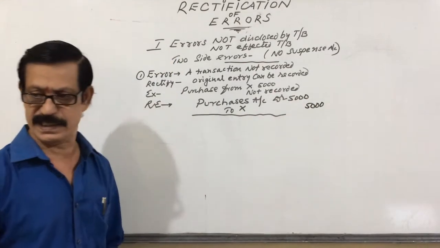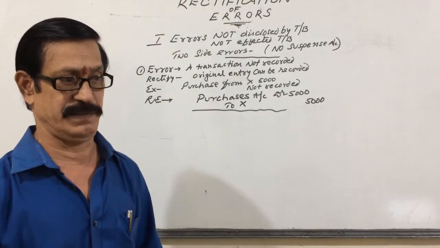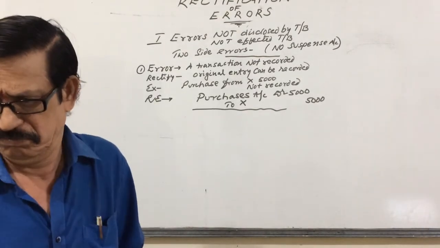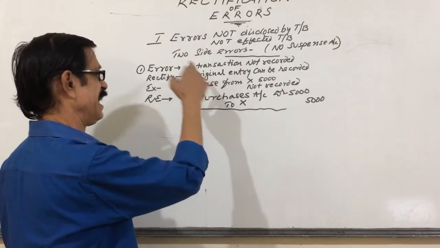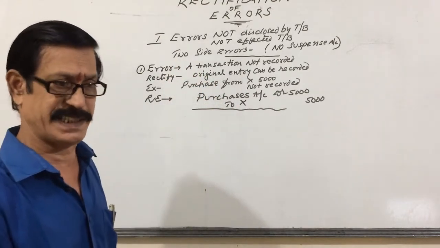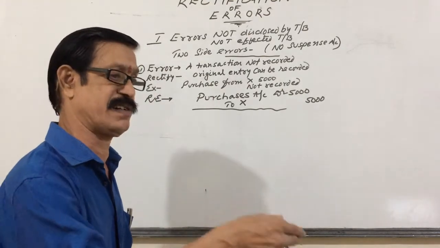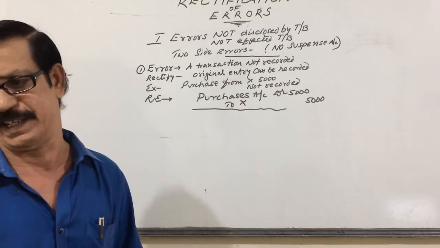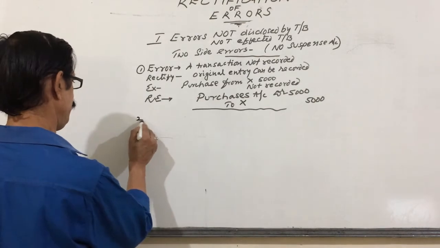Once again, my dear students, whenever a transaction is not journalized, not recorded in the books, you can pass the original entry. What is the original entry when we purchase the goods? Purchases account debit to X account. The same entry you can record. That only is called the rectifying entry. Understand? Next, number 2.